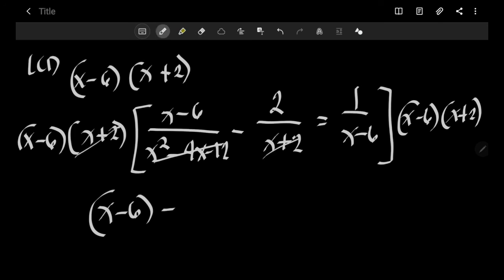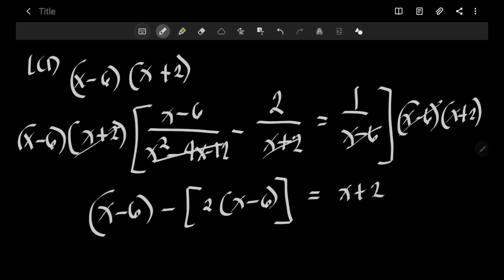Okay, so naiwan si x minus 6. So, we have 2 multiplied by x minus 6 is equal to, so x minus 6 divided by x minus 6 is 1. So, therefore, we have x plus 2 multiplied by 1, which is the numerator of your third term.